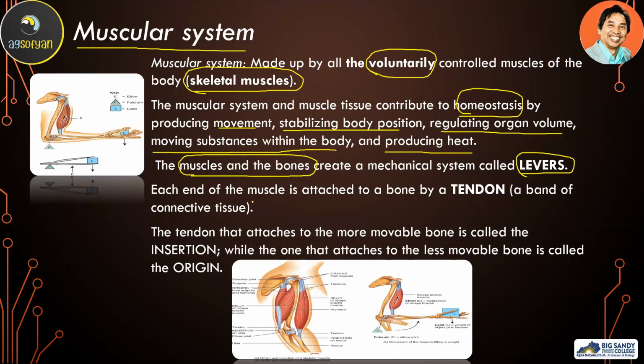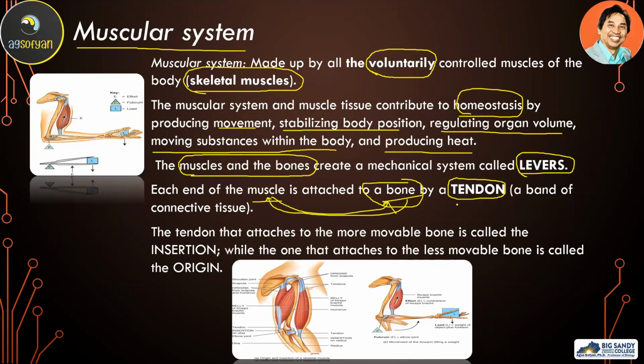Each end of a muscle is attached to bone with a connective tissue that is called tendon. So tendon is a band of connective tissue that attaches bone to muscle or muscle to bone.